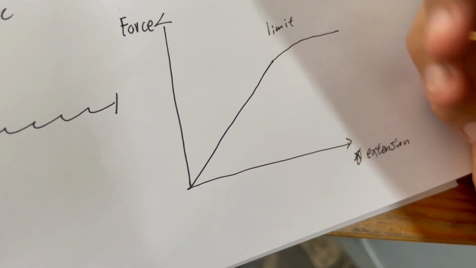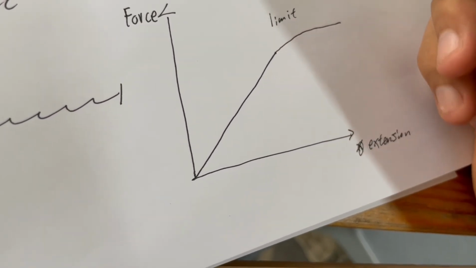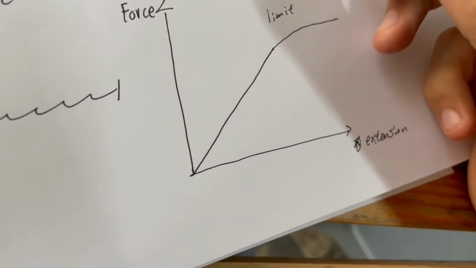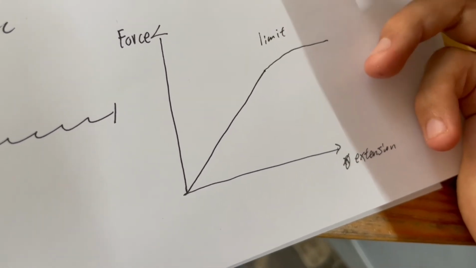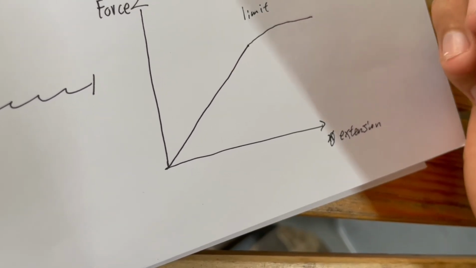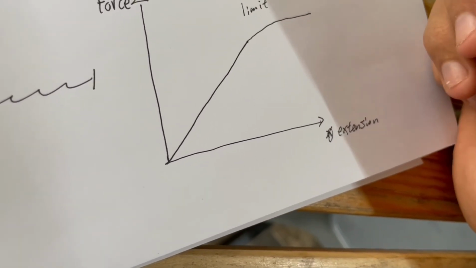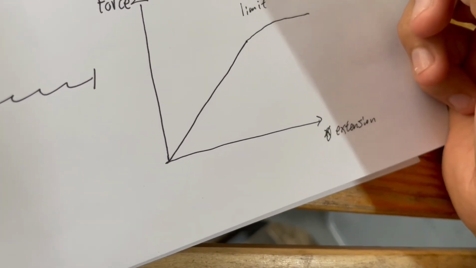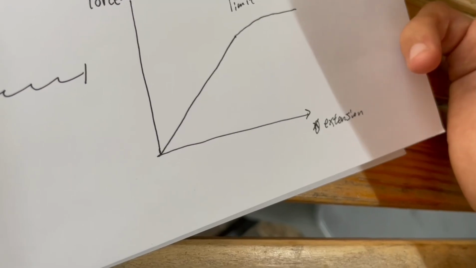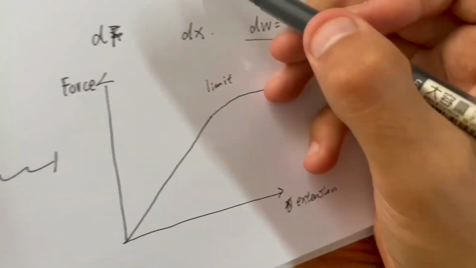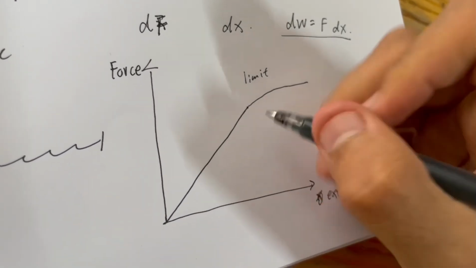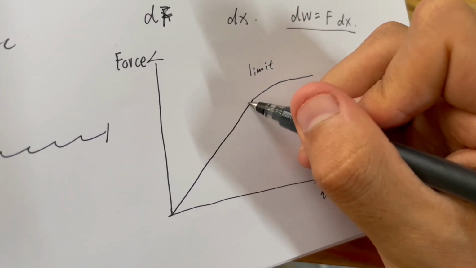Using Hooke's law, we can substitute F into the work equation, right? To find the total work done, which is also the elastic potential energy, we need to sum up all the work from x0 to the limit x.